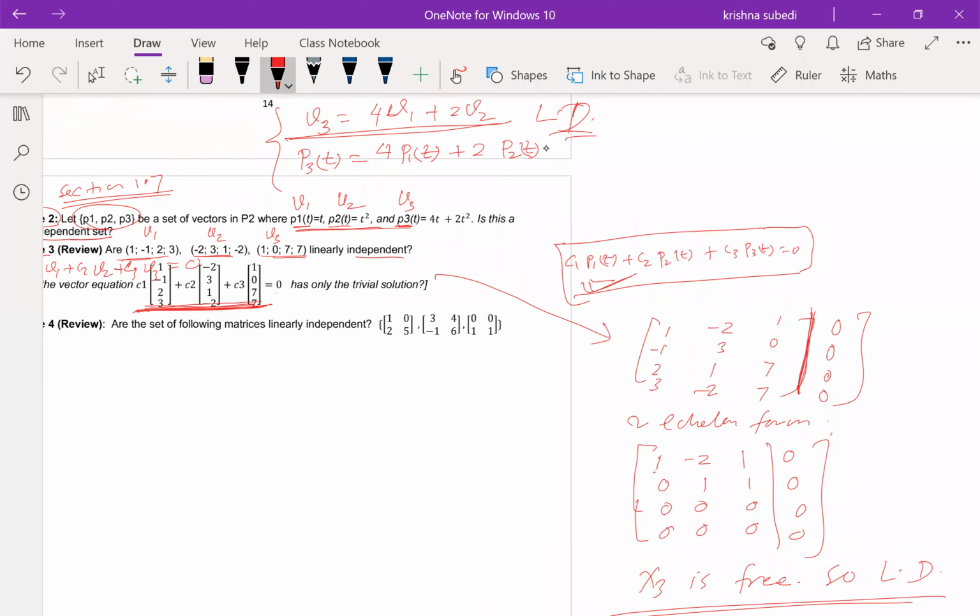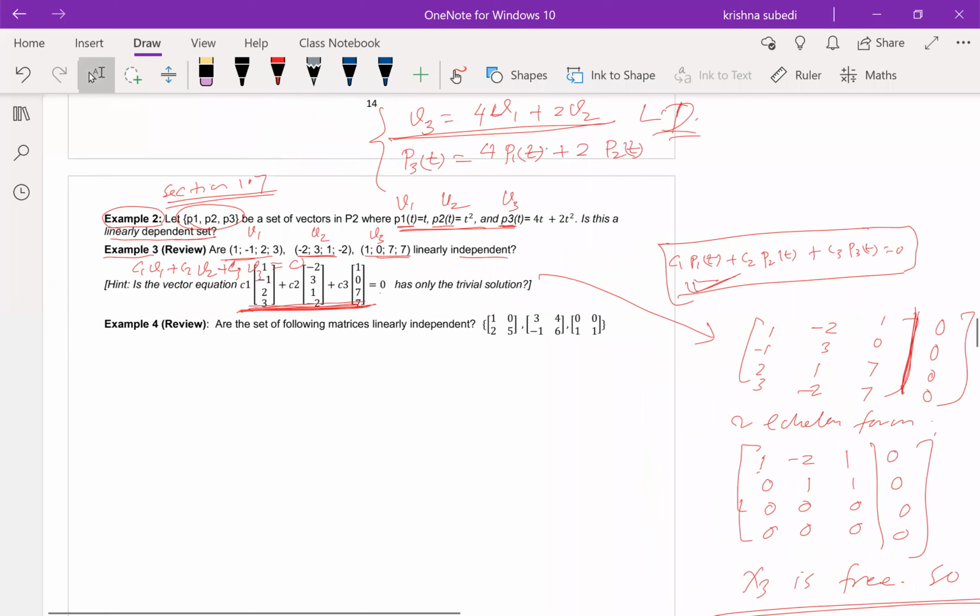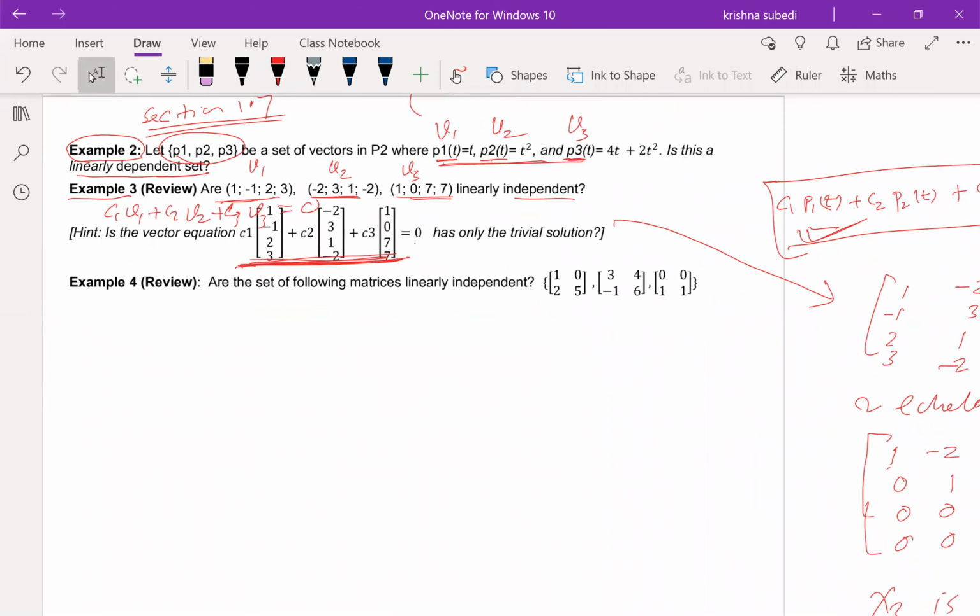Now let's try Example 4. I think we have done a similar question in section 7.1. Do you want to try this?